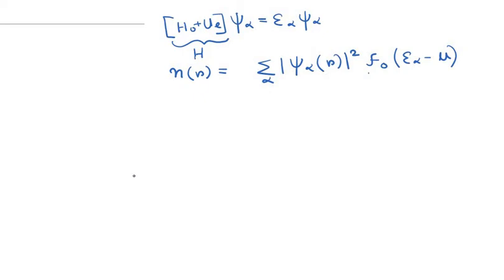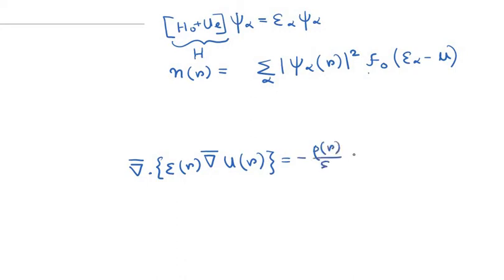So we again go back to Poisson's equation: del dot epsilon r del UR is equal to minus rho r divided by epsilon naught, which is equal to q times (n of r minus n0) divided by epsilon naught.